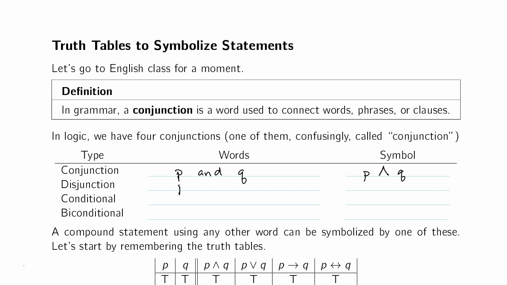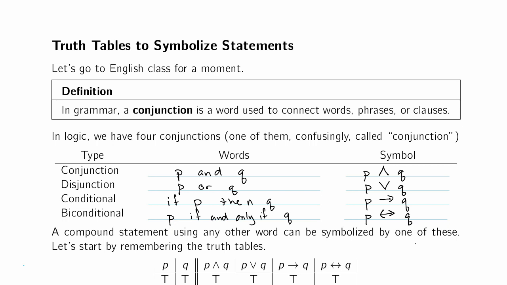Disjunction, we say P or Q, and we write P and then this V shape, Q. The conditional, we say if P, then Q, and we write P, an arrow that just points to the right, Q. And the biconditional, we say P if and only if Q, and we write P and then an arrow in both directions, Q.